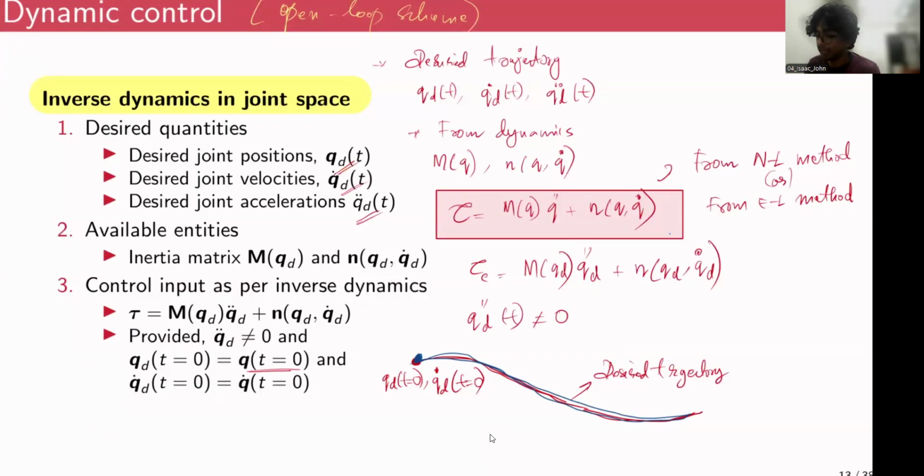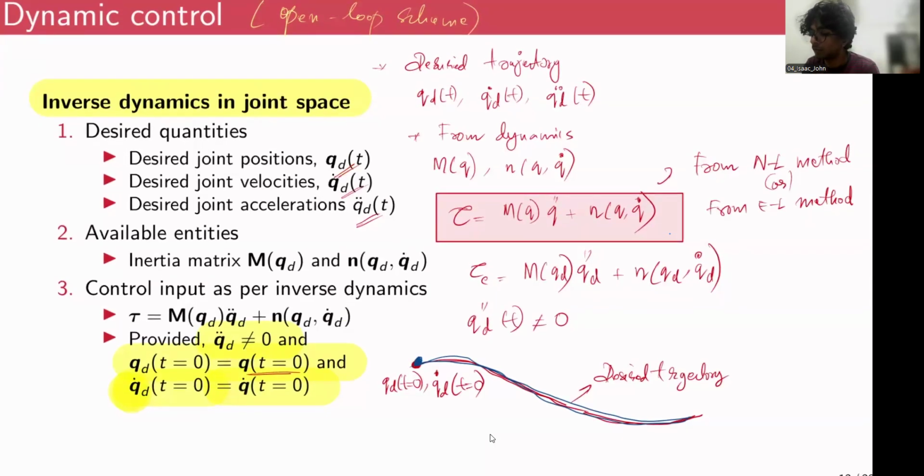So the conditions to be maintained are: Q desired double dot should not be 0; the initial position of the desired trajectory should match the initial position of the actual robotic system; and the initial velocity of the desired trajectory should coincide with the initial velocity of the actual robot. Those are the conditions to be enforced for this open loop dynamic scheme, or this inverse dynamics control scheme, to work.